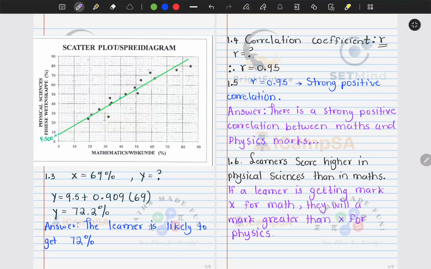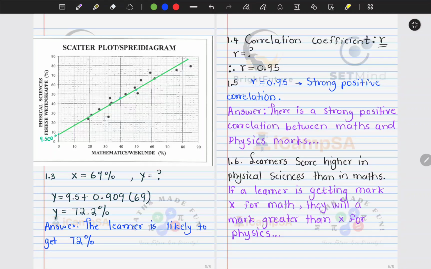This is very important for us to make sure that we do understand, guys. Very straightforward. We can see from the trend, the slope is going up. So they are more likely to get higher marks.